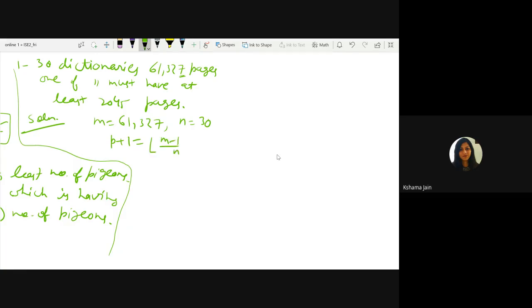So let's start with the formula. 61,327 minus 1 divided by 30 plus 1. So it would be 61,326 divided by 30 plus 1. Tell me the complete number from your calculator.